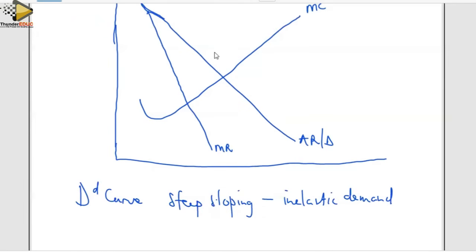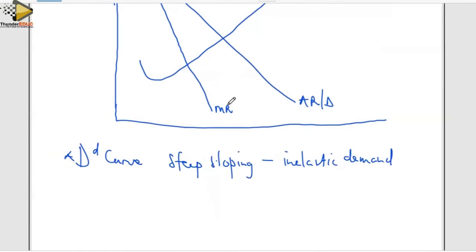Where does the inelastic demand originate from? Remember, this monopolist is selling a unique product that does not have close substitutes. Because of the nature of the product, consumers are faced with a challenge of finding close substitutes. So even if the monopolist increases the prices, consumers are still forced to buy the product.